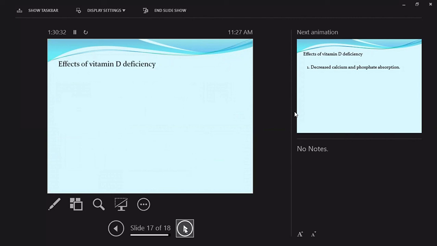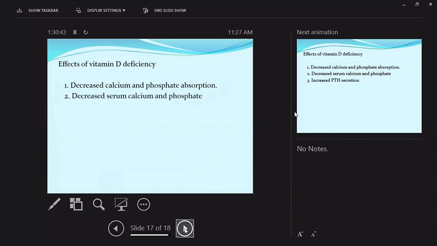when there is vitamin D deficiency, what happens? Decreased calcium and phosphate absorption, decreased serum calcium and phosphate, increased parathyroid hormone secretion, increased bone resorption.